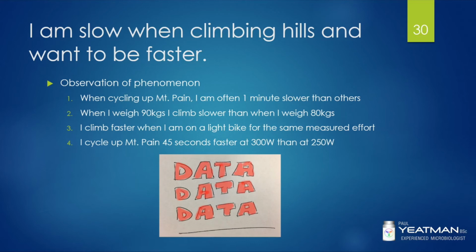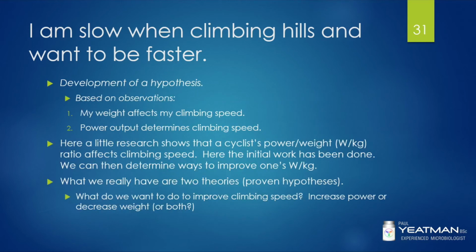I climb faster when I am on a light bike for the same measured effort. I cycle up Mount Payne 45 seconds faster at 300 watts than at 200 watts. So these are all the observations. From this, we need to develop a hypothesis. Based on the observations, my weight affects my climbing speed, and power output determines climbing speed.